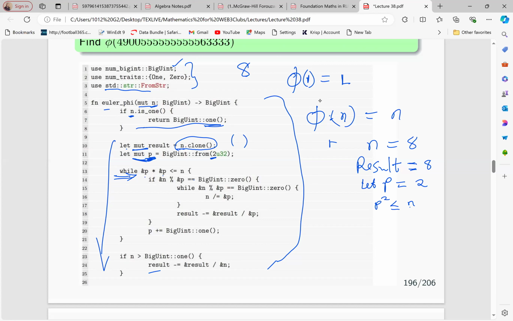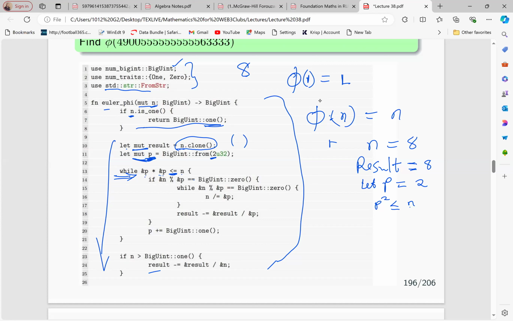If p times p is less than or equal to n, then we enter the loop and do what is inside. But when we discover that p square is not less than or equal to n, then there's no need of going inside the loop.